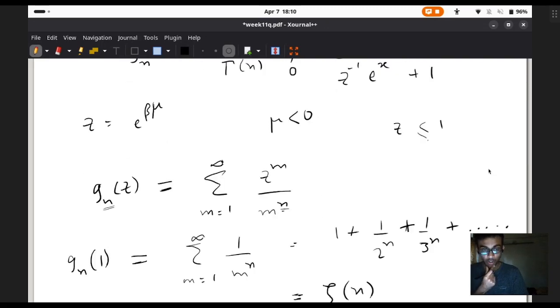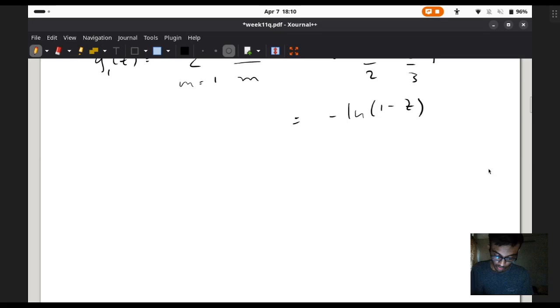What will also be useful is the derivative of this function with respect to z. Remember for the Fermi-Dirac functions, we had a recurrence relation which relates the derivative of the integral labeled by n to the integral labeled by n minus 1. So we expect something similar here.